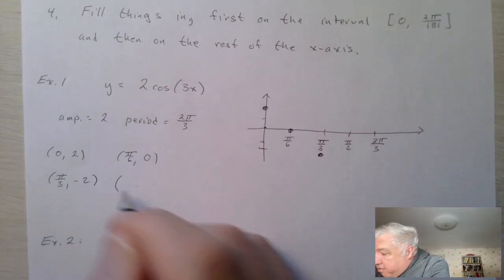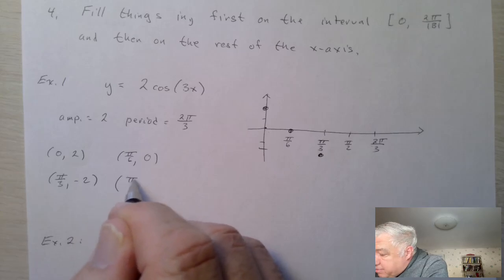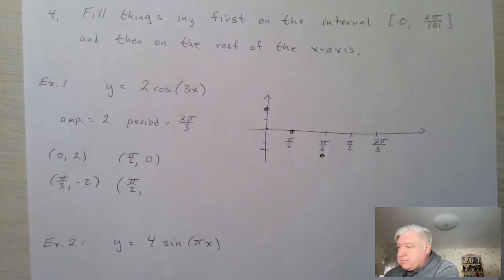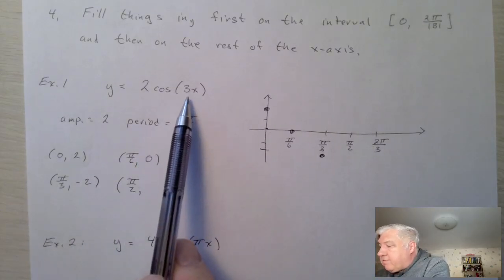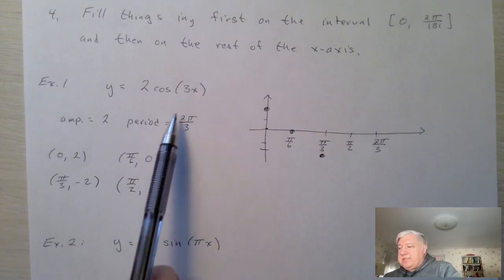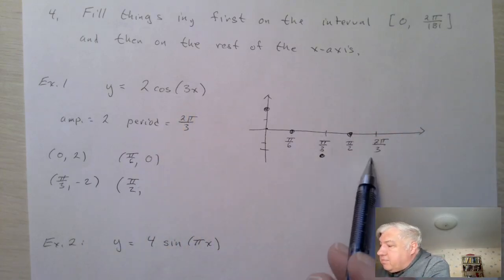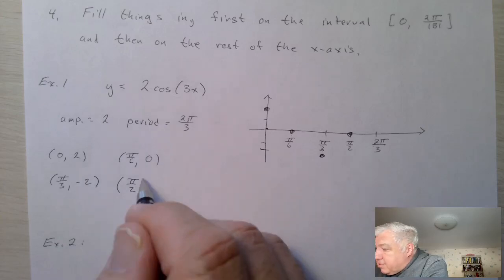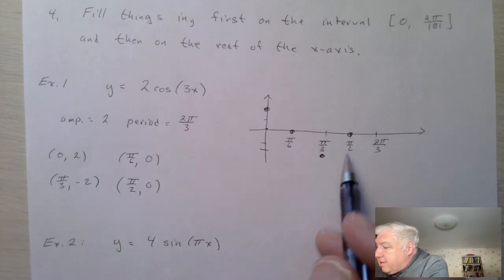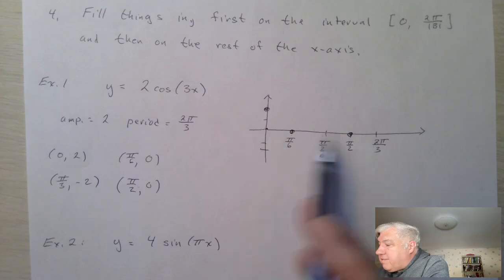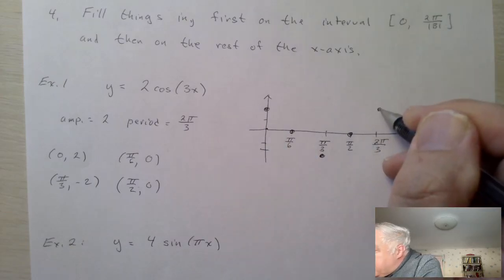And then for pi over 2, we get 3 pi over 2, the cosine of 3 pi over 2 is 0, multiplied by 2, that's still 0. And then you can check that the last one, 2 pi over 3, is going to be the same as the first, so it'll be up here.